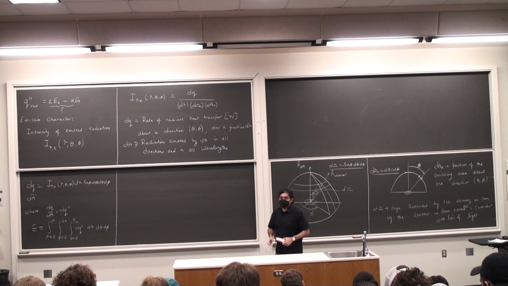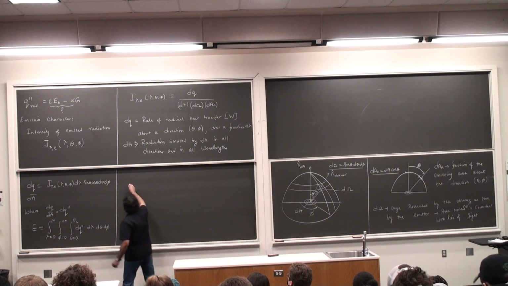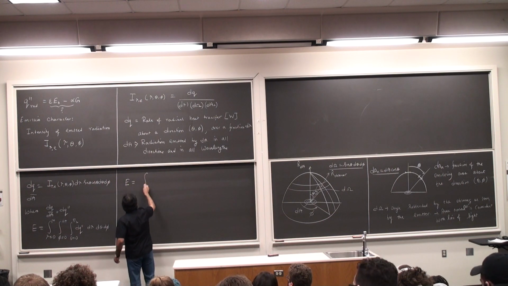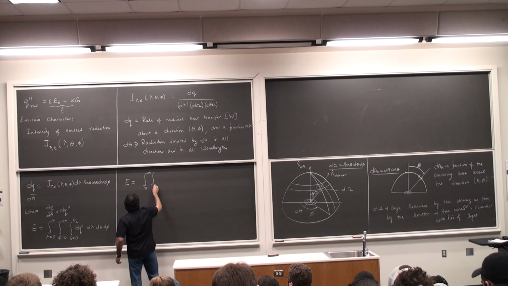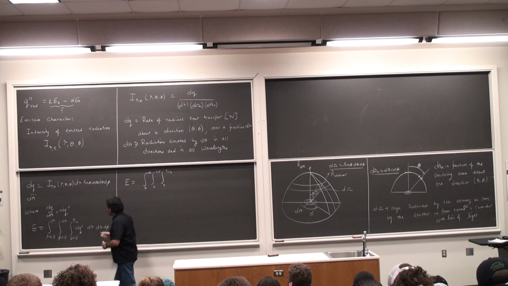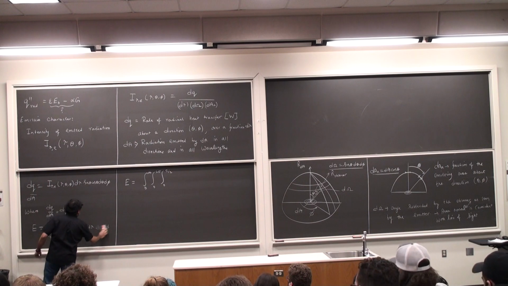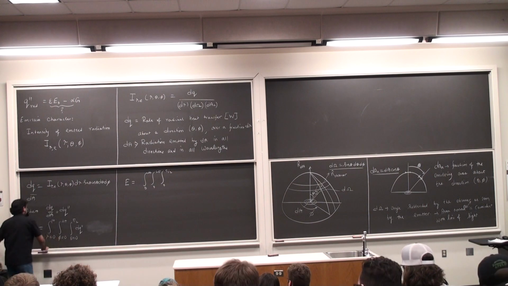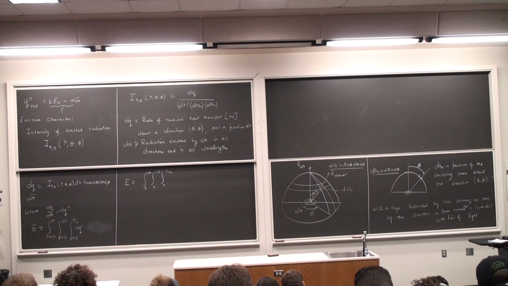And if I write out the total emissive flux, then E is 0 to infinity, 2 pi, pi by 2. This will not have these terms. Just integral of dq double prime, that's correct.